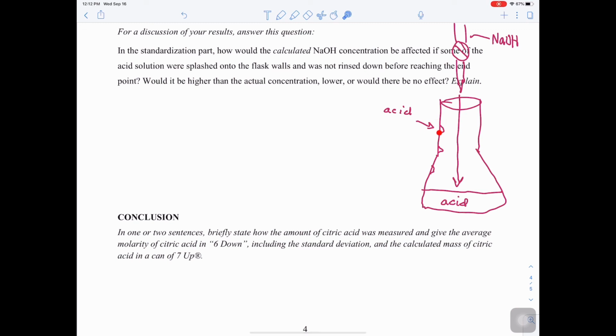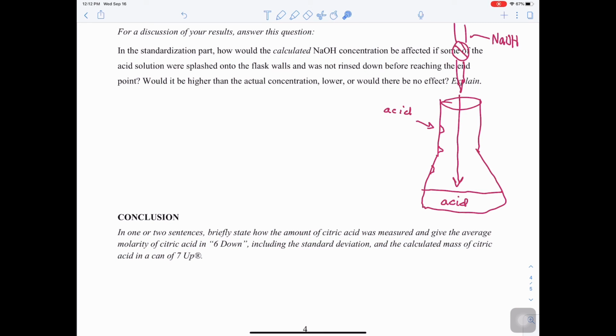And if it does not, how is that going to affect the amount of sodium hydroxide needed to react and turn the solution pink? And then how is that going to change the calculated molarity? Obviously, any errors that we make in our experiment do not affect the actual concentration. It is what it is. But mistakes that we make can affect the calculated concentration.